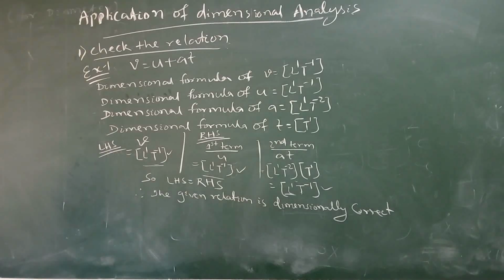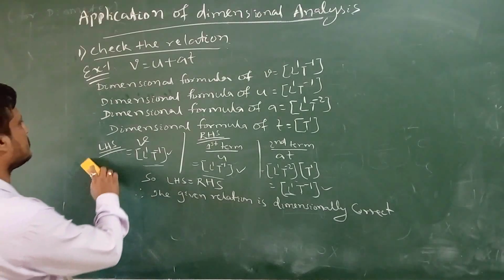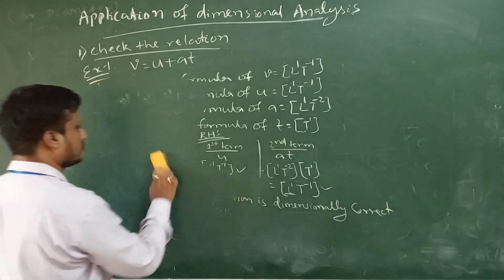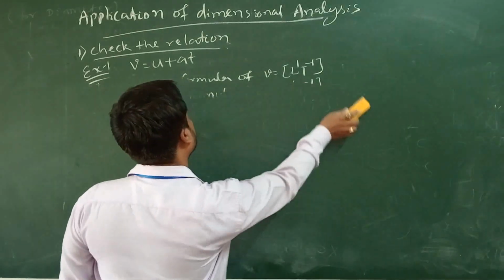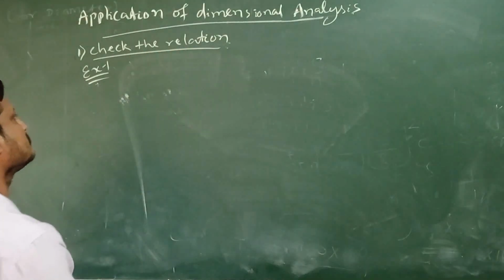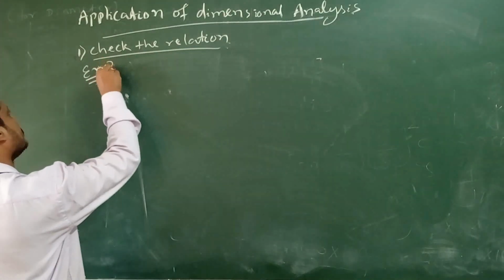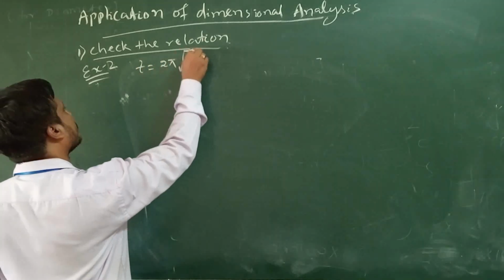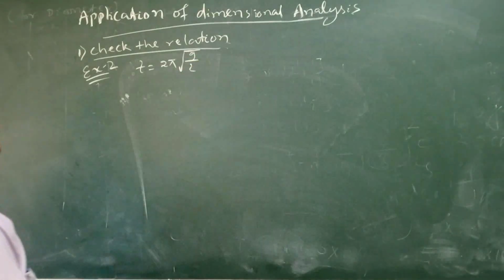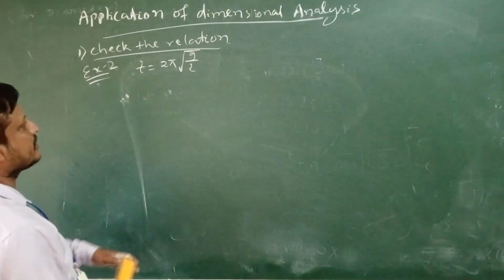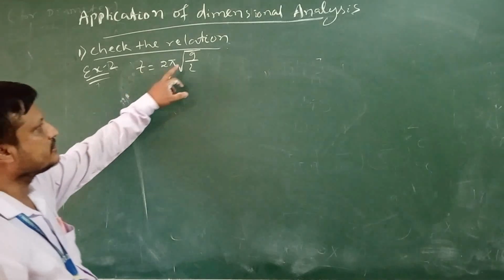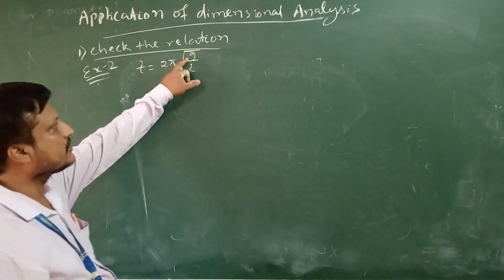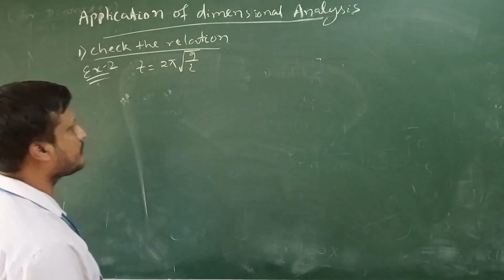Next, we find another example of check the relation. Example number 2: T equal to 2 pi root over L by G. So here there are three physical quantities. One is T, second one is G, and third one is L. T is the time period of a simple pendulum, G is the acceleration due to gravity, and L is the length of the string.